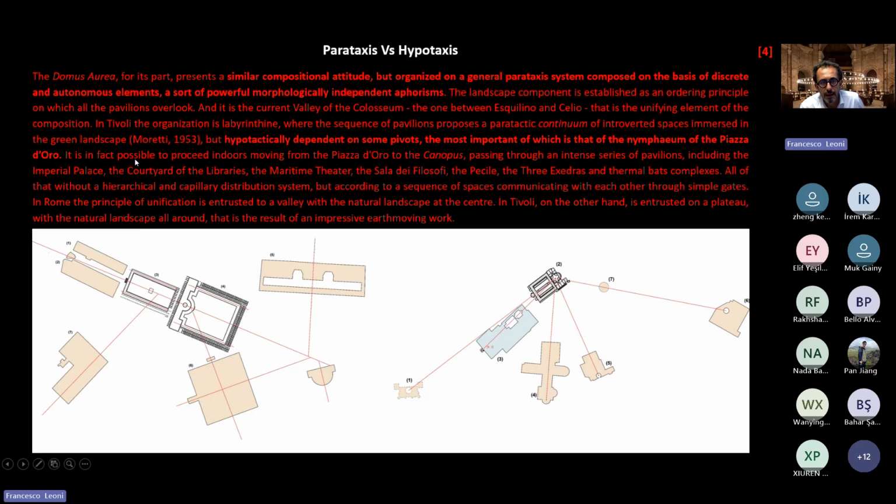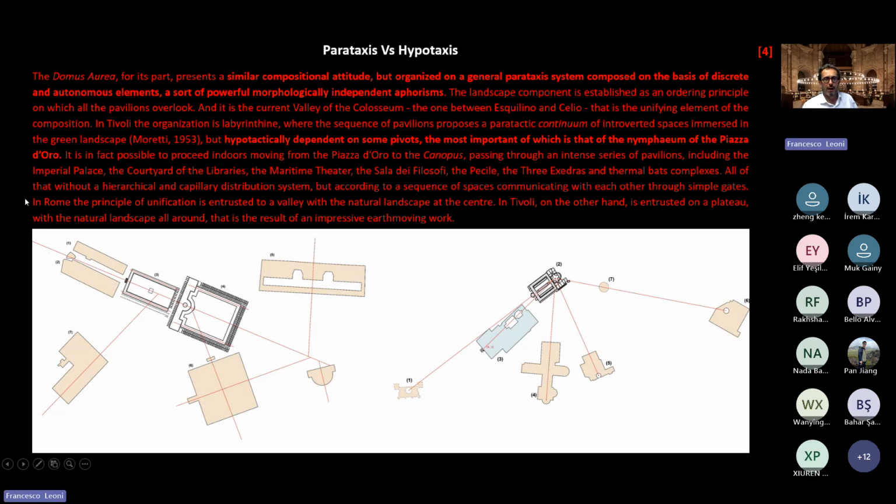In fact, it's possible to proceed indoors moving from the Piazza d'Oro to the Canopus, passing through an intense series of pavilions, including the Imperial Palace, the Courtyard of the Libraries, the Maritime Theatre, the Sala of Philosophy, the Pecile, and the three Esedras, and the thermal bath complexes.